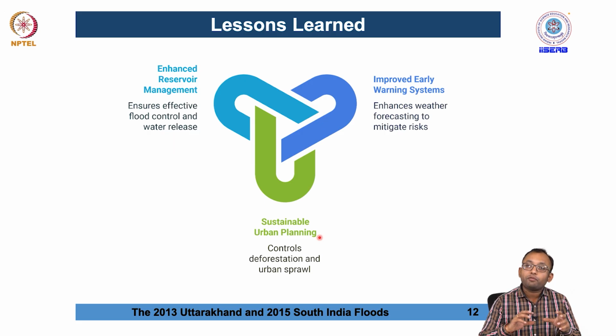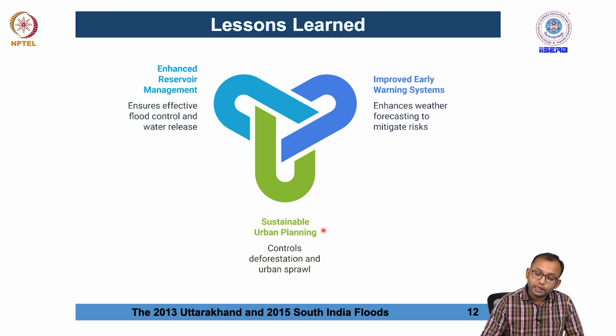Therefore we have to think about how we can reroute this water to different areas where it can recharge the ground, not become everything as surface water, so that we have less influence from these extreme flooding events. So sustainable urban planning is a very essential step toward managing flooding.